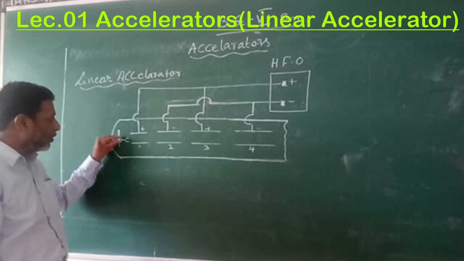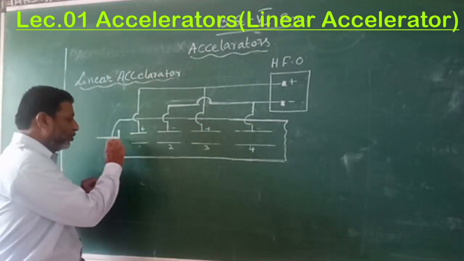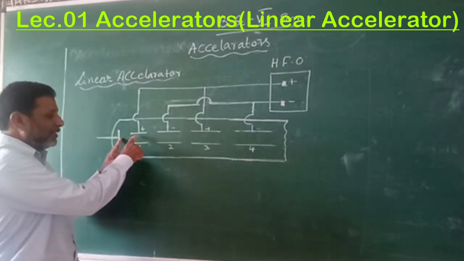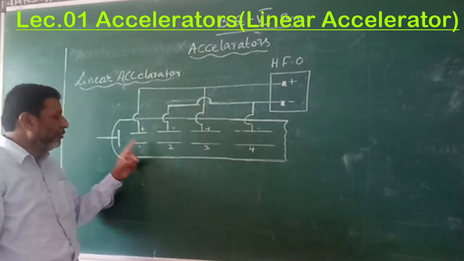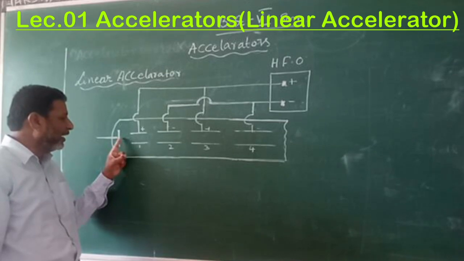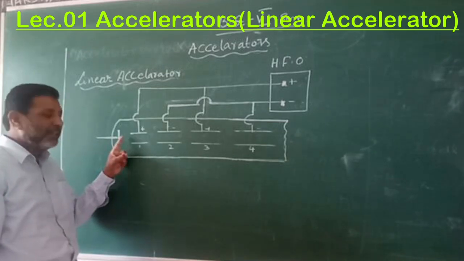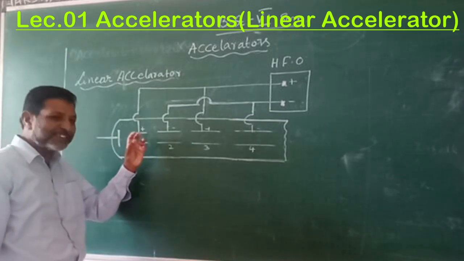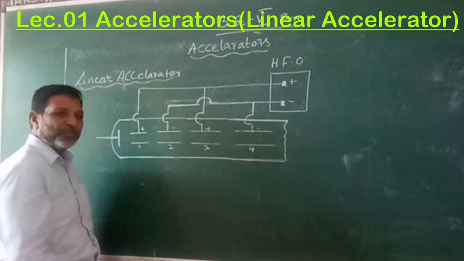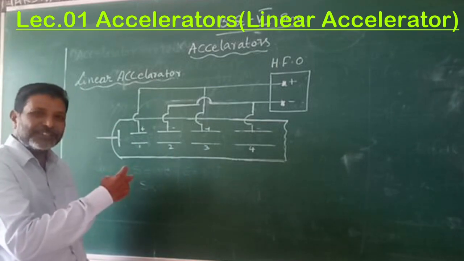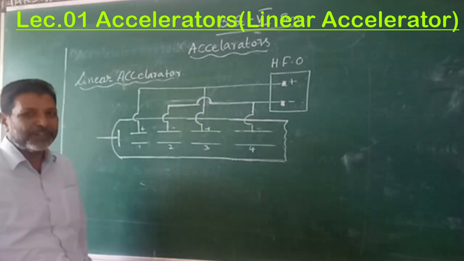Now, as soon as the electron is emitted from the source, this cylinder is positive, so the electron which is emitted from here gets attracted. Its velocity increases, which means it gains energy.